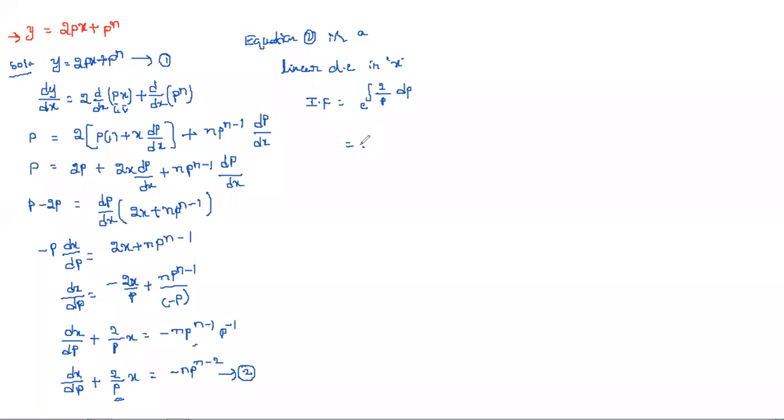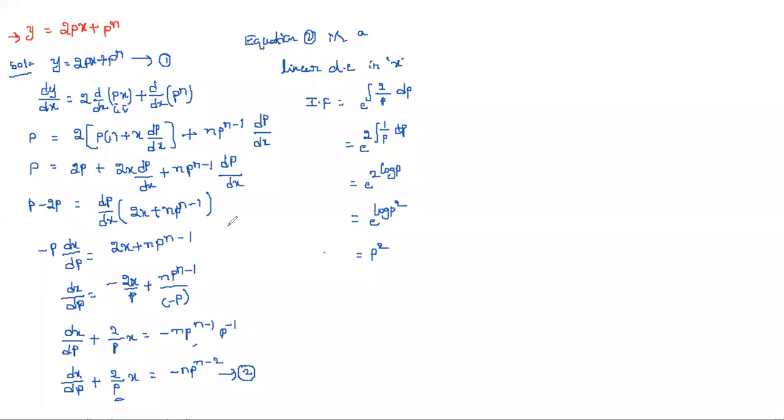So this is equal to e power, 2 is a constant, we can write outside the integral, 1 by p dp. So this is equal to e power 2 into integral 1 by p, which is log p. So this is equal to e power 2 log p, which we can write as log p power 2. So e power log p squared is nothing but p square. So this is the integrating factor.